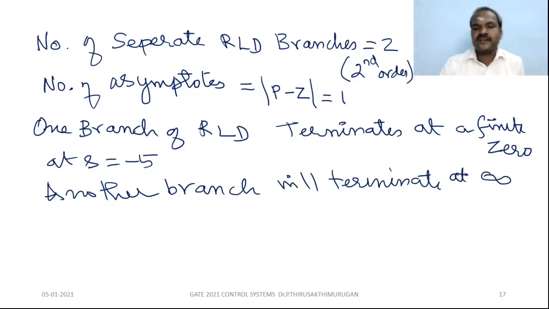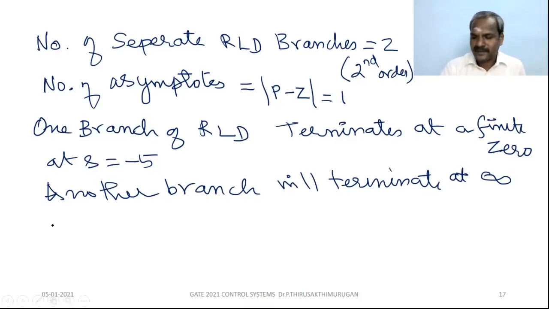So what are the starting points of the branches? The two branches start from two poles, clear? So the starting points of the branches are at the two poles, P1 and P2.